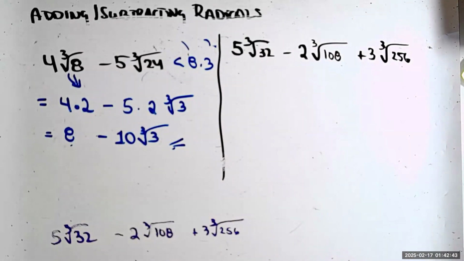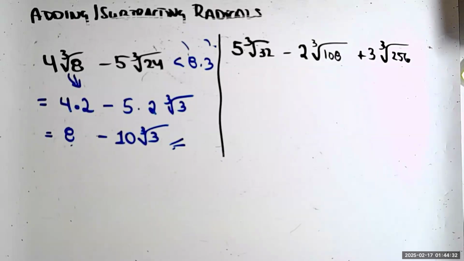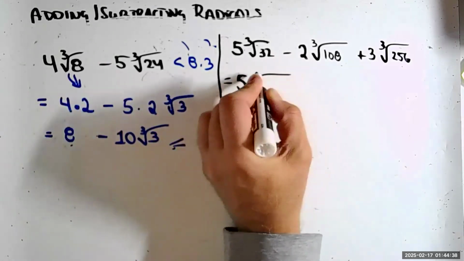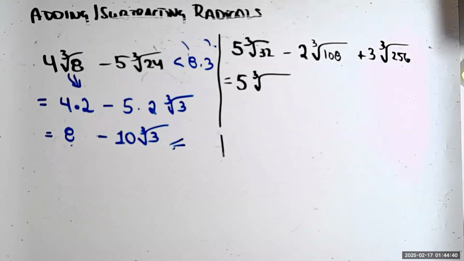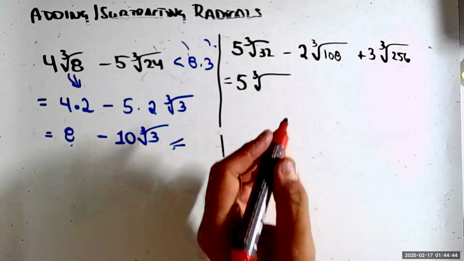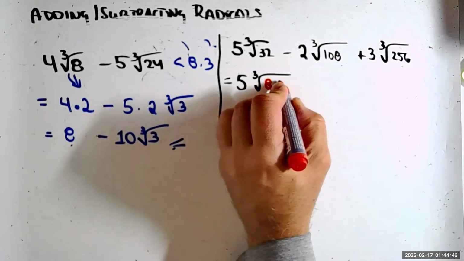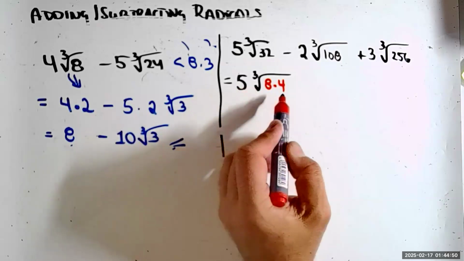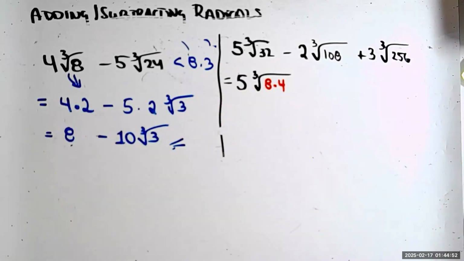Okay. Let's see what we can do with this one. Again, work with a smaller number, in this case 32. We know that 32 is the same thing as 8 times 4. And the cube root of 8 is 2. So the 4 will stay.